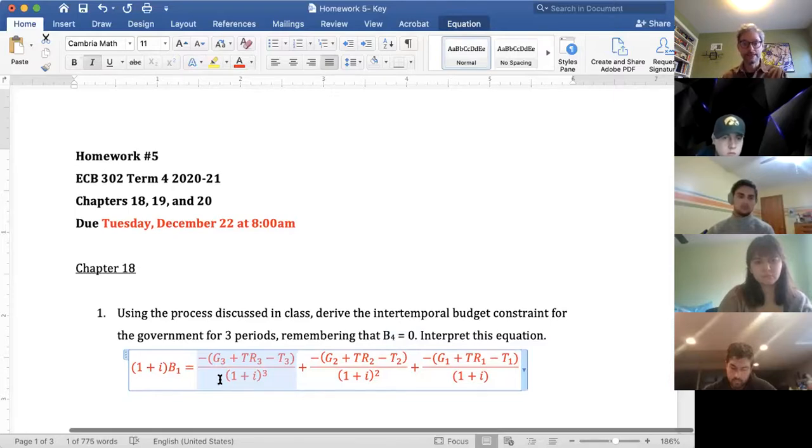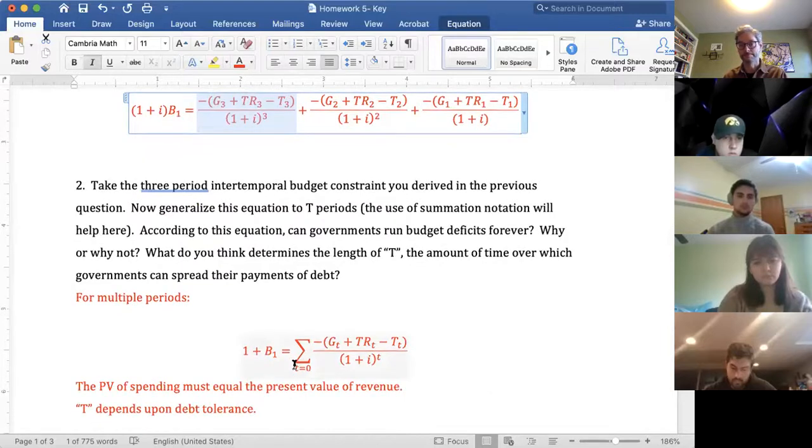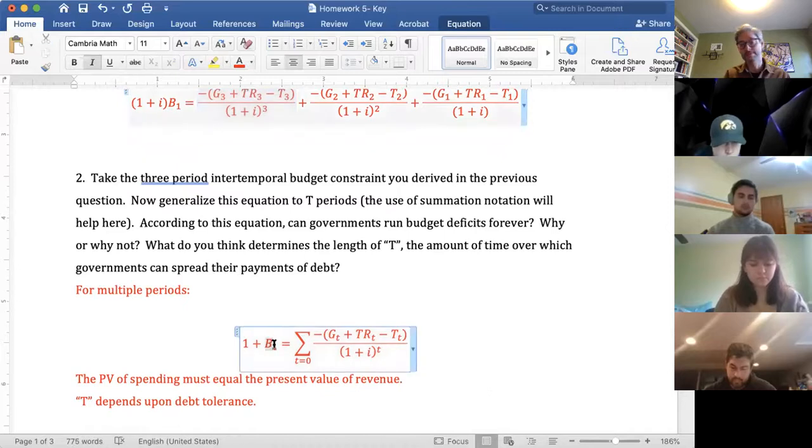If you generalize this, you get this. Once again, this is the present value of the difference between future revenue and future spending, and then 1 plus B1 is essentially what you borrow in the 1st period. So once again, this is all saying that the present value of spending must equal the present value of revenue. How long is T here?